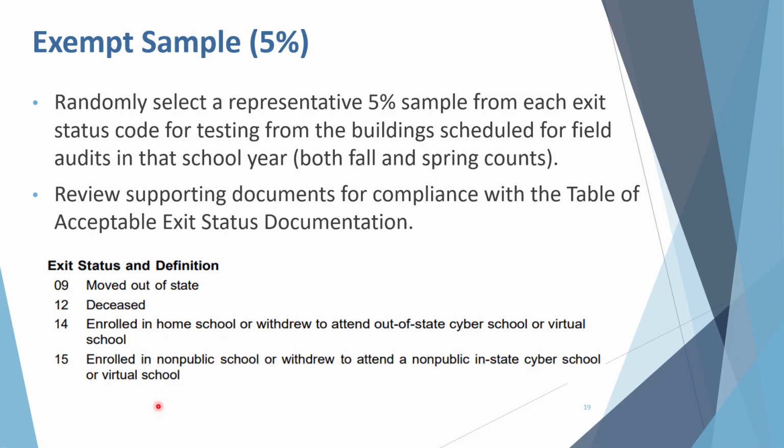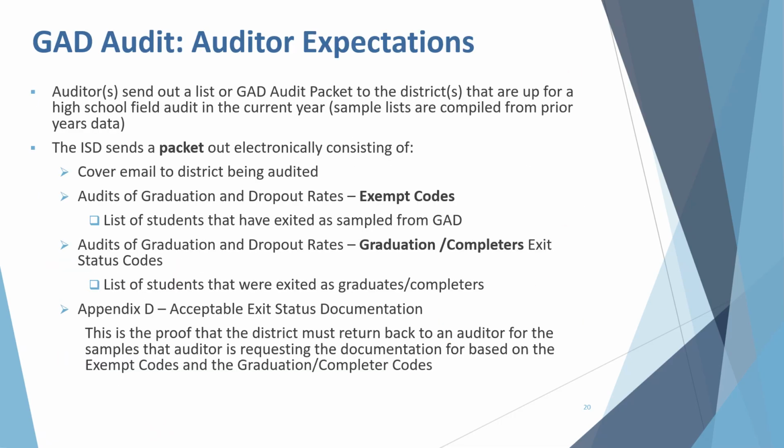I understand that sometimes not every exit code is going to be reported, in which case just pull it based on what you have available. You will then determine the error rate, and if it is above 5%, pull an additional 10% sample and test, and continue that process until the cumulative error rate is 5% or lower, or all exempt records are reviewed.